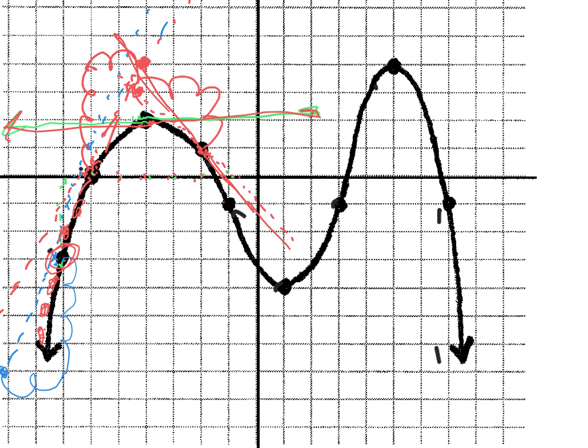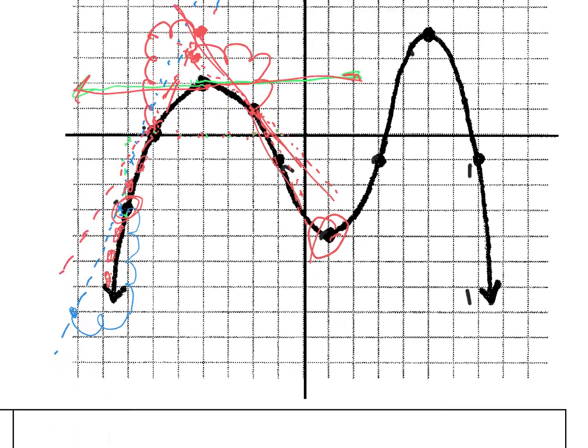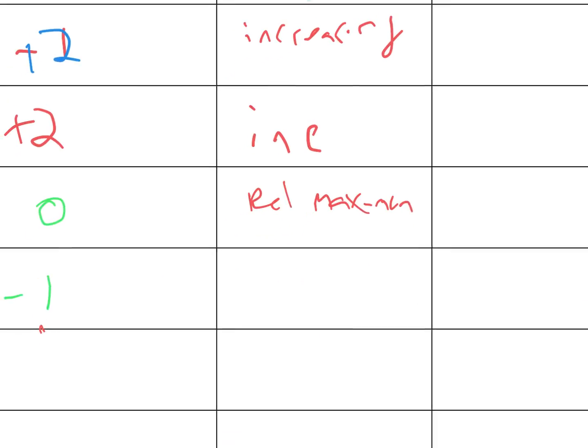So therefore, from left to right, the function is falling, isn't it? The function is falling until I get to this place. It keeps falling, so we say it's decreasing.